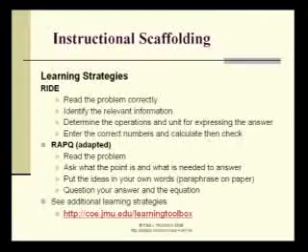So there are a whole lot of learning strategies, and maybe some of you use these. If you go to this website here, there's a great little website here that talks about different strategies. And basically what these strategies are task scaffolding types of strategies that are trying to remind kids of what they're going to do. So in this one, RIDE, where you read, you identify, you determine, you enter the correct numbers.